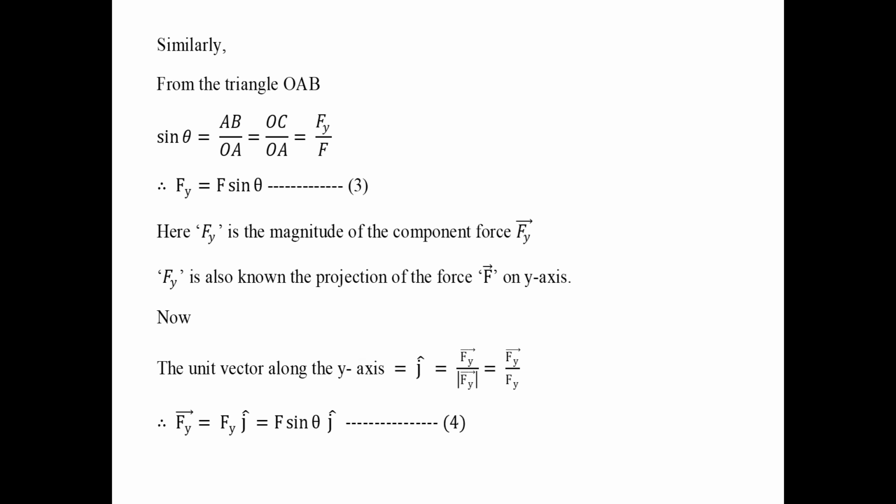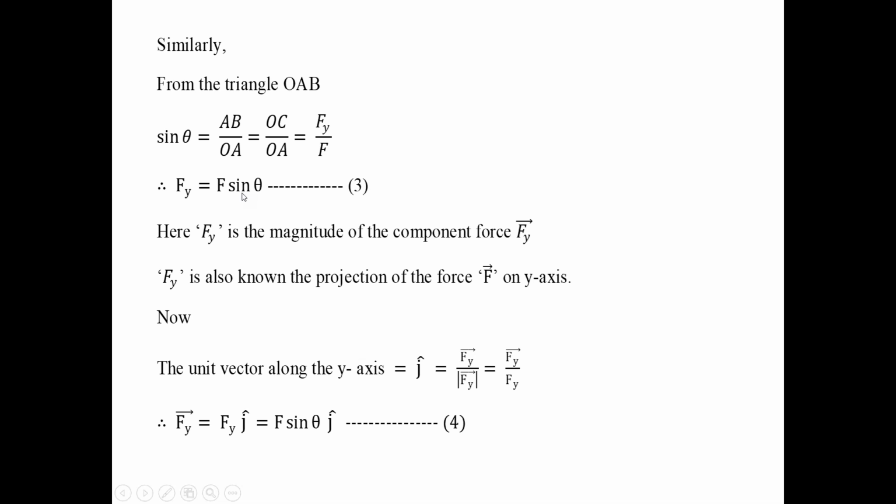Fy is also called the magnitude of force Fy bar. Since that force F bar with the x-axis is making the angle theta, in the y-axis projection Fy, we have sine theta. In this equation, F is the magnitude of the force F bar.